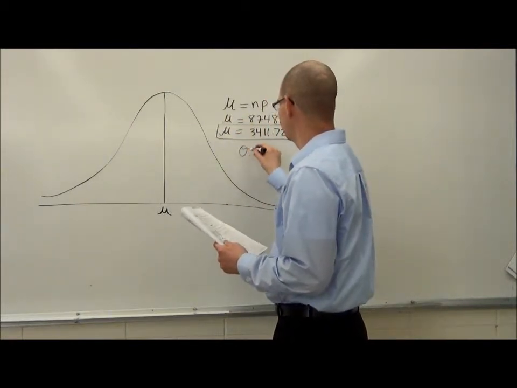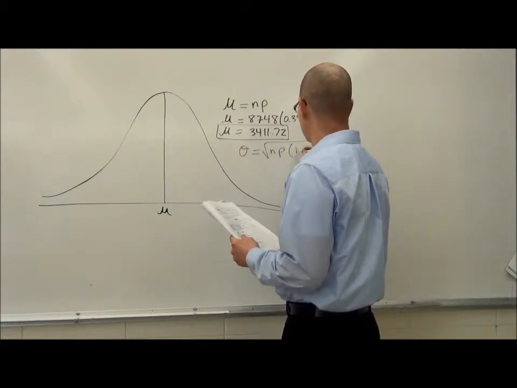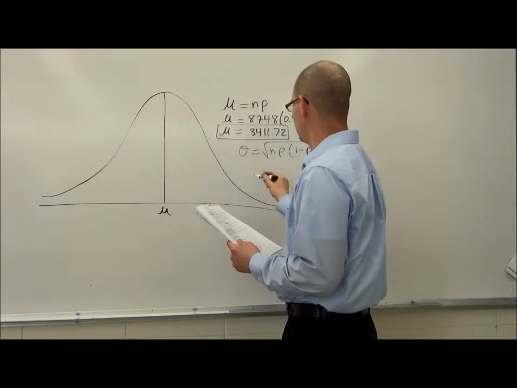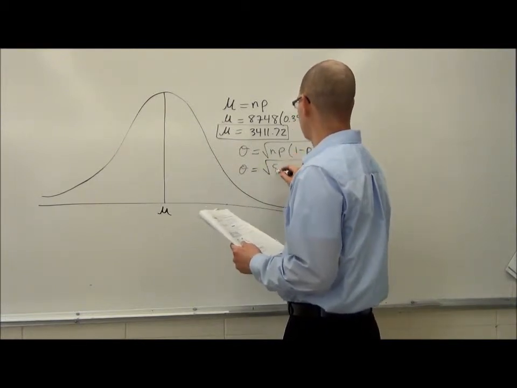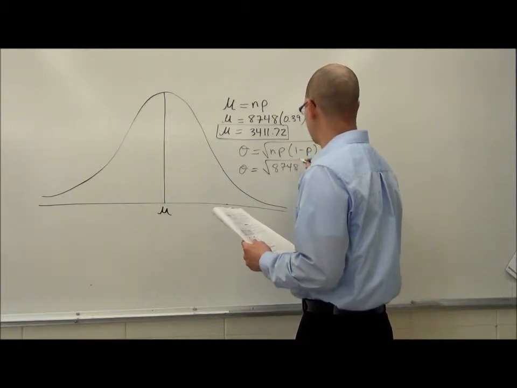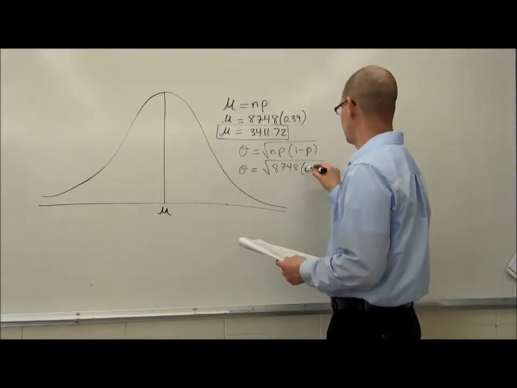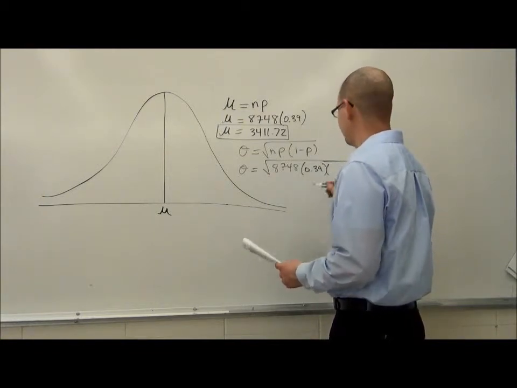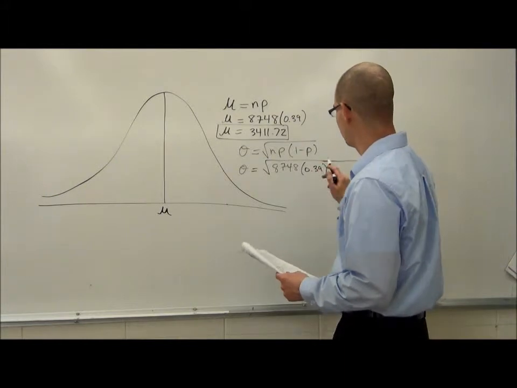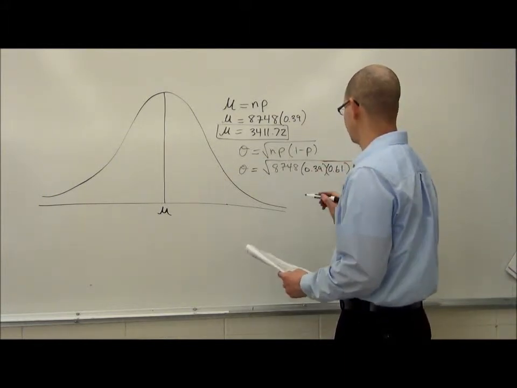Standard deviation, the equation for that is the square root of n times p times (1 minus p). So the standard deviation then, n is 8,748. It's the number of people. The probability of having the successful outcome is 0.39. 1 minus p is the complement of that. Well, if you go 1 minus 0.39, you're going to get 0.61.